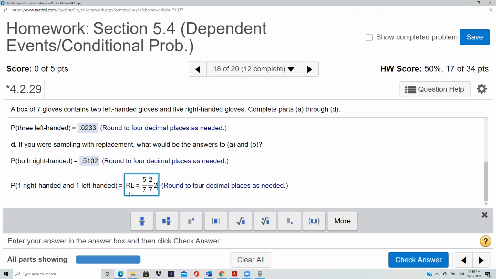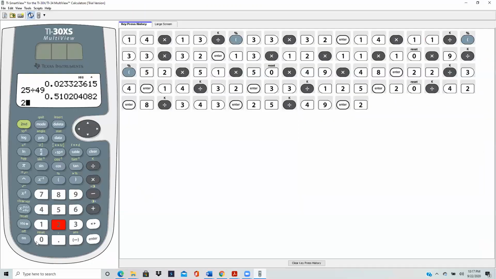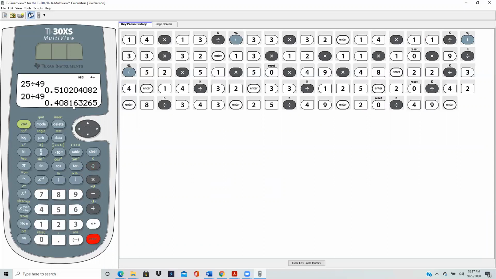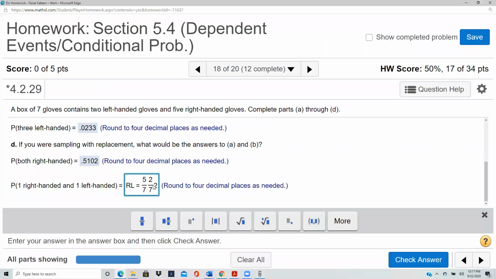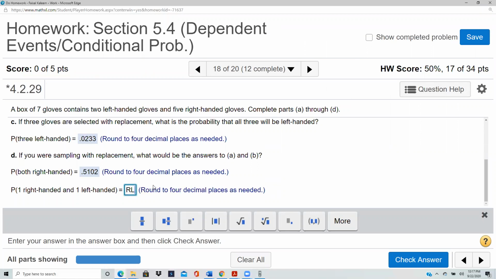So you multiply this by 2. 5 twos are 10, 10 twos are 20. So 20 out of 49, which is 0.4082. This time, don't write the RL. 0.4082.